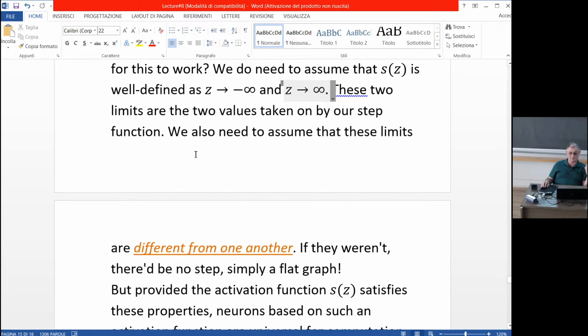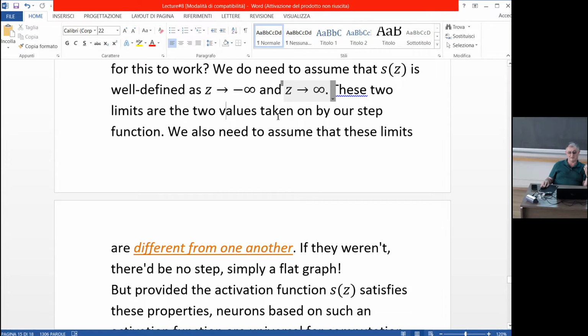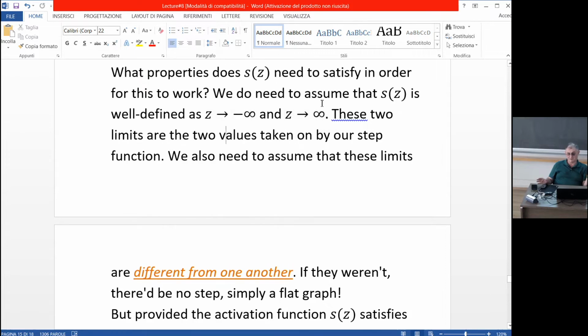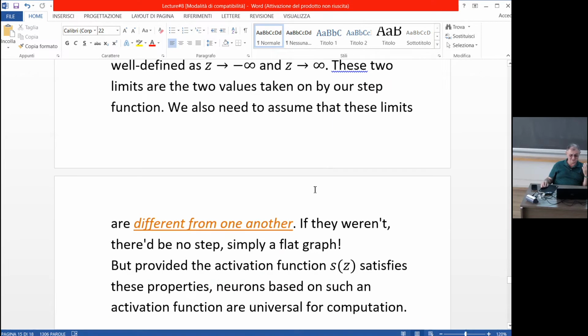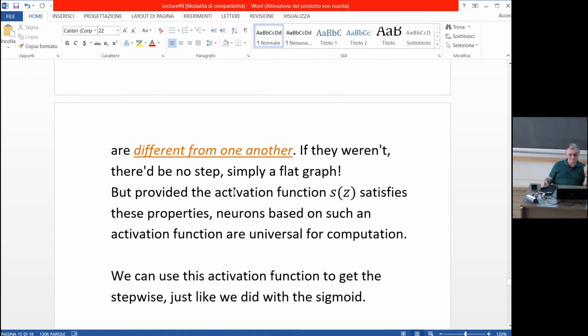So, for example, it is not possible that the two values are equal, because in this situation we would have a banal, trivial constant function without a step, without a jump. Okay.